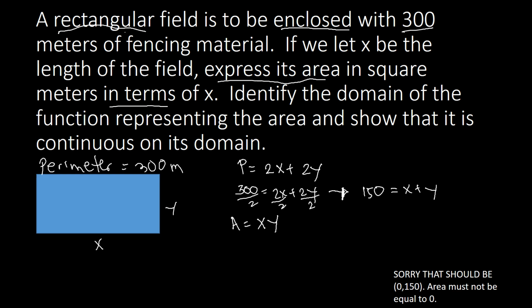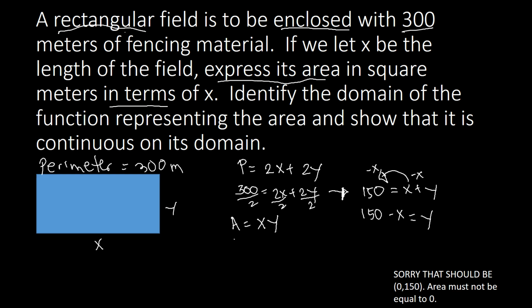Now we can come up with our y. We simply transfer x by subtracting x on both sides. So this becomes 150 minus x, which is equal to y.